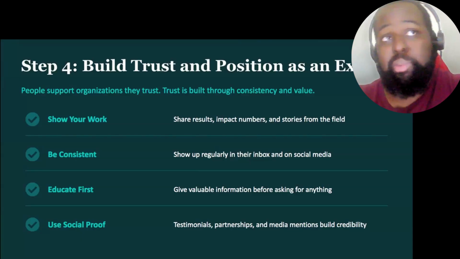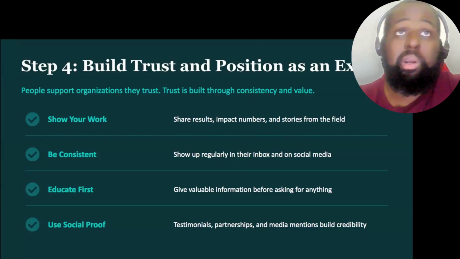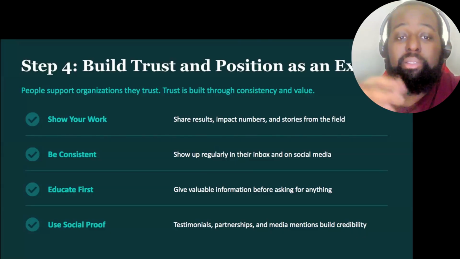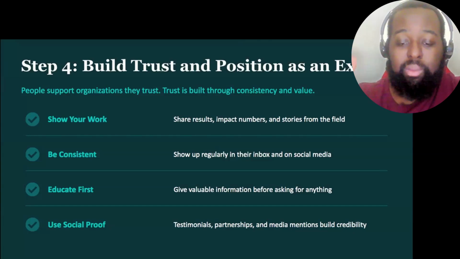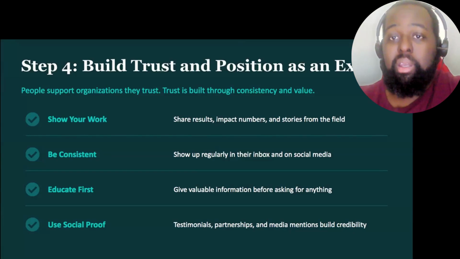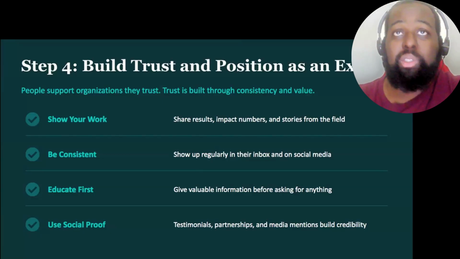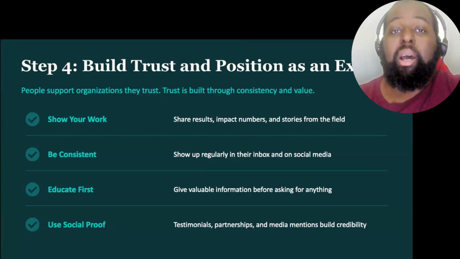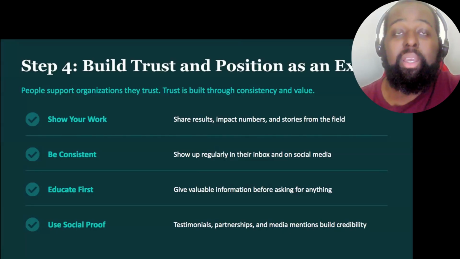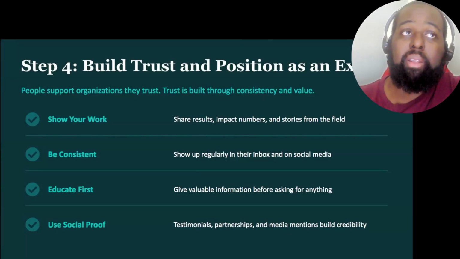And how you continue to build trust, one, is to show your work. Again, this is not just within the lead generation emails, but also externally, social media or through your newsletter. Share the results, show the impact numbers, any testimonials or stories from the field that you can gather that goes out to your ideal audience.